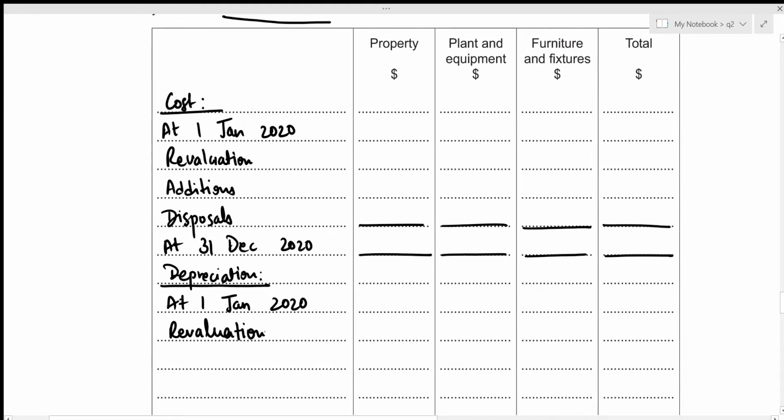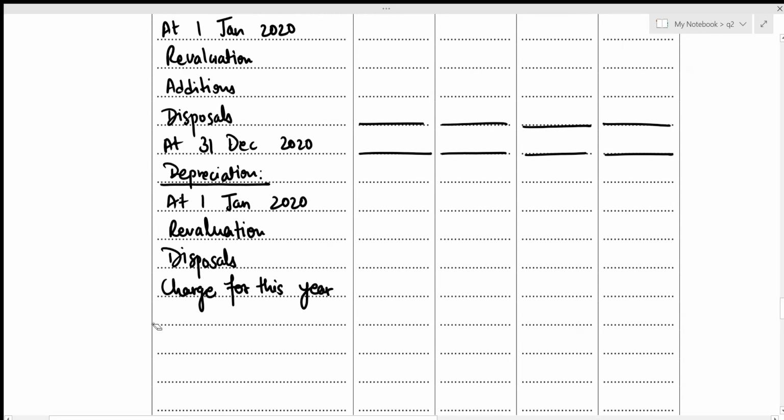So we need to adjust it. Then we need to adjust the disposals as well, because whenever we're disposing the assets, we need to get rid of its accumulated depreciation as well. Then lastly, we have the depreciation charge for this year, because this should definitely be included in our accumulated depreciation value. And this gives the depreciation value at the closing date, which is at 31st December 2020.